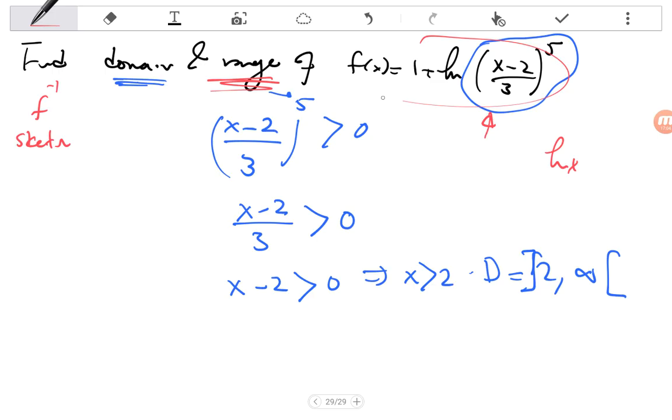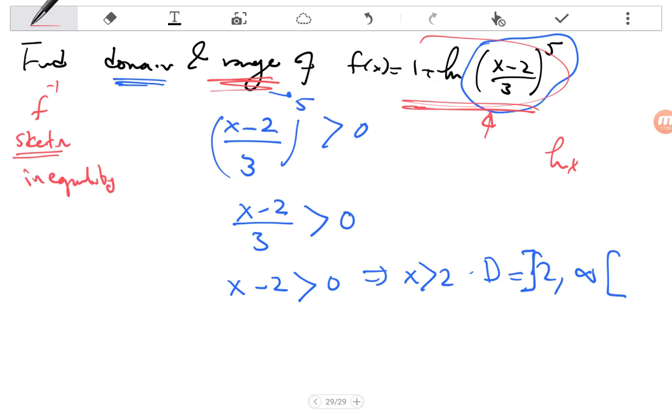By using transformations, I can sketch the new function after transforming ln of x, and I can know the range from the sketch.